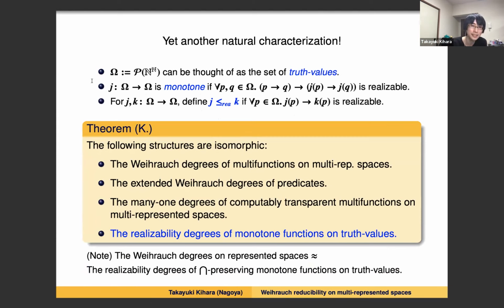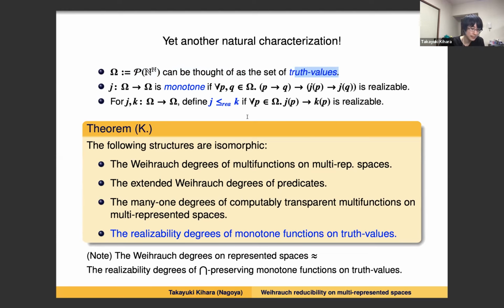We now consider subsets of Baire space, or mass problems, and we consider mass problems as truth values. A subset of Baire space can be thought of as a truth value if we consider a Kleene realizability interpretation.